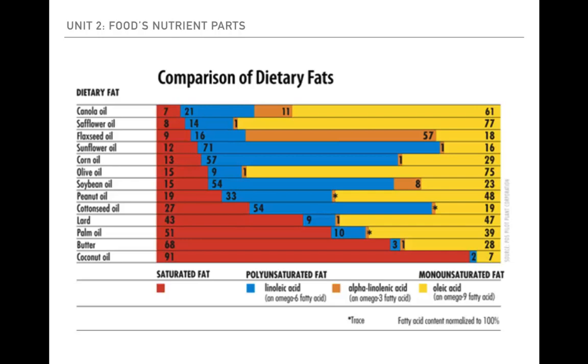Now, this is a chart of dietary fats, and I want you to notice that each one of these oils is a combination of all kinds of these fatty acids. It's always a mixture, but we also have to consider how they're being used. There are other oils much healthier and safer than canola oil up at the top there.